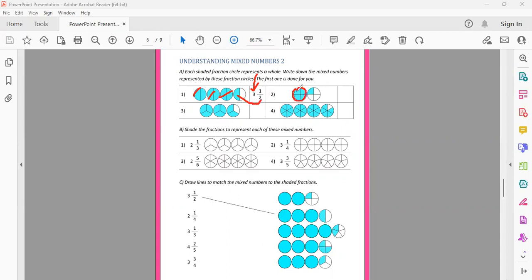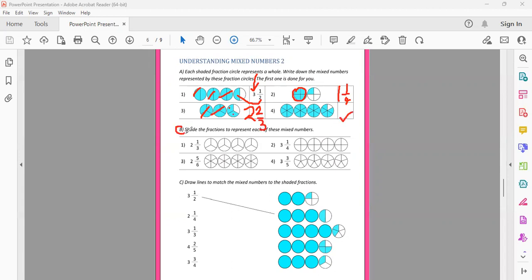This is 1 whole. So 1 whole, but 4/4, correct? And this is 1/4. So you keep your 1/4. Do you understand? Now this is 1 whole, 2 wholes. So you'll have 2 as your whole number, and then 2/3. So write 2/3. Similarly, you can do this.